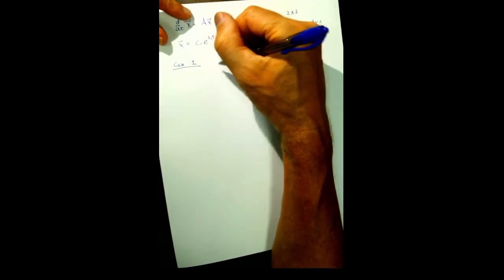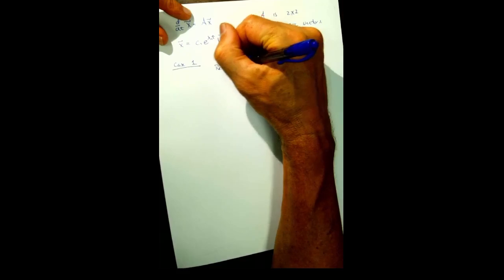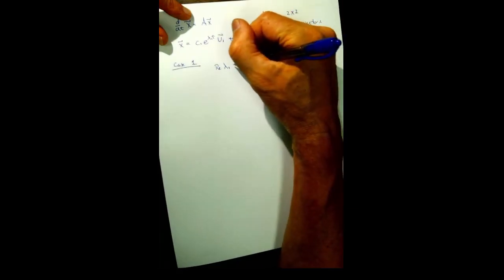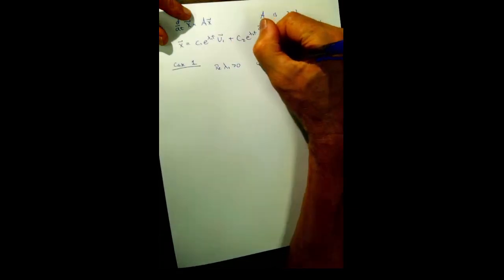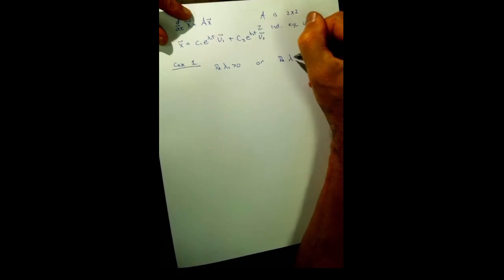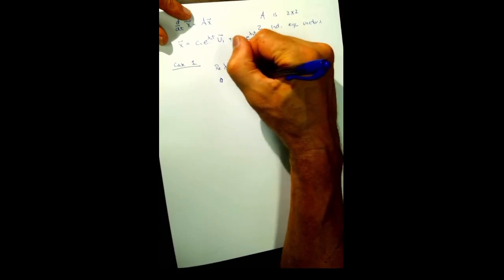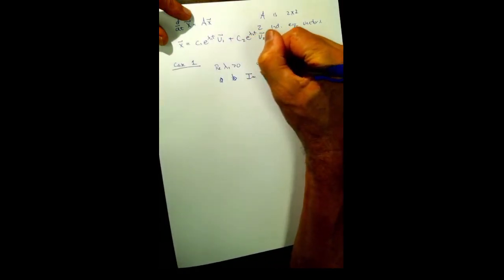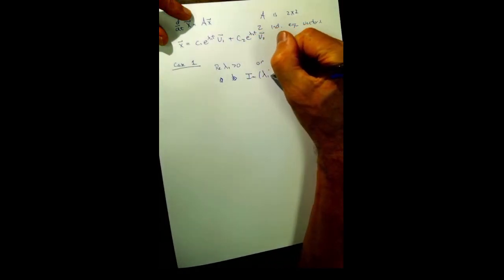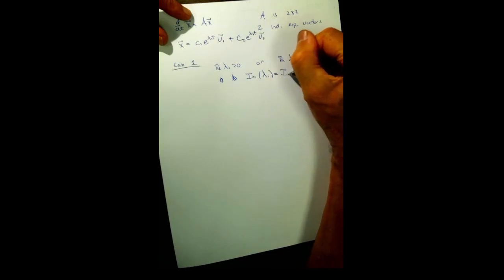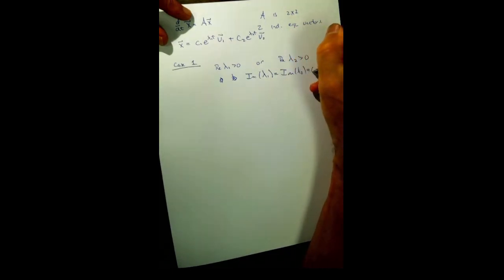For case 1, we're going to have that the real part of lambda 1 is greater than 0, or the real part of lambda 2 is greater than 0. And let's just assume that the imaginary part of lambda 1 and the imaginary part of lambda 2 are 0.